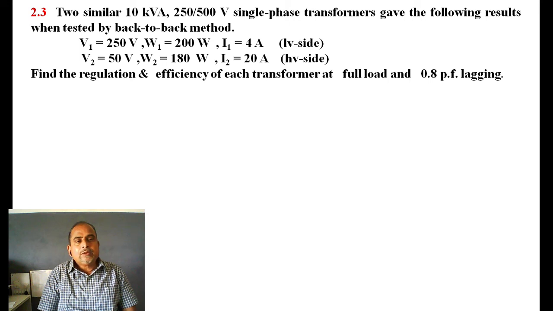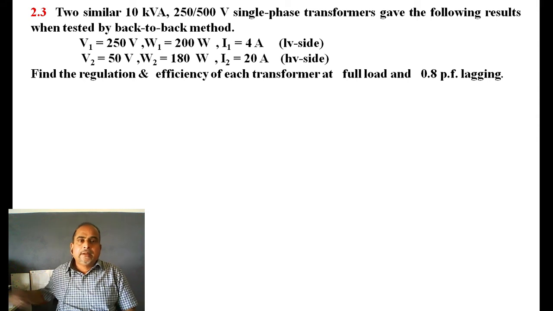V2 is 50 volts, W2 is 180 watts, and I2 is 20 amperes, conducted on the HV side, that is the 500 volt side. They ask you to find the regulation and efficiency of each transformer at full load and 0.8 power factor lagging.